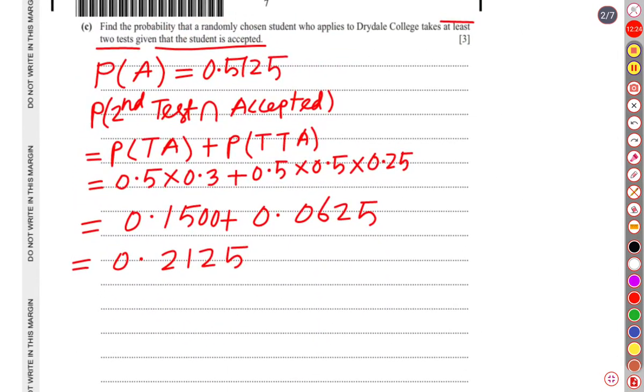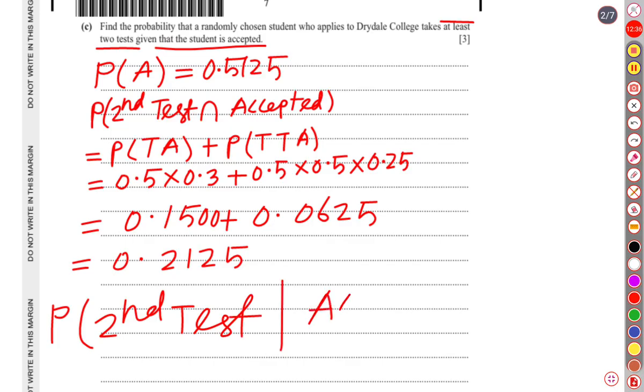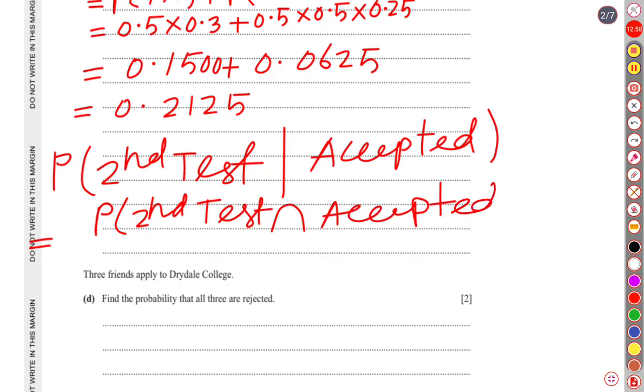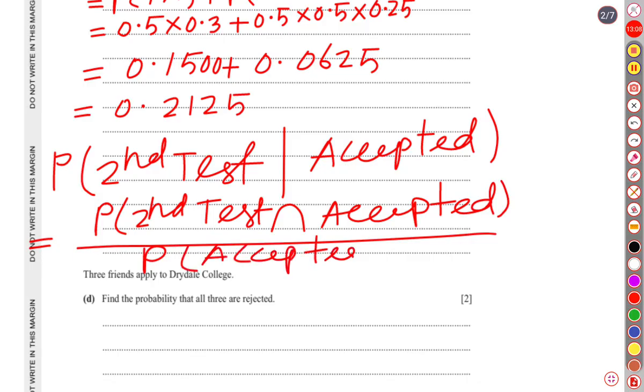Well, now they have told us to find that, then we can write P second test. Okay, how to write this? P second test given that, this is the given symbol, accepted, is equal to P second test intersection accepted over the probability of acceptability, accepted.